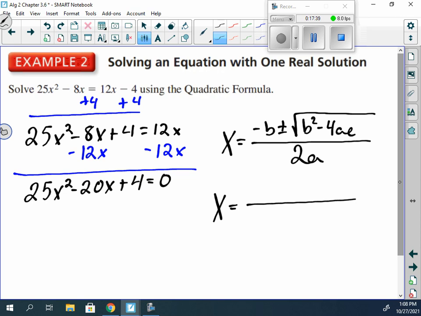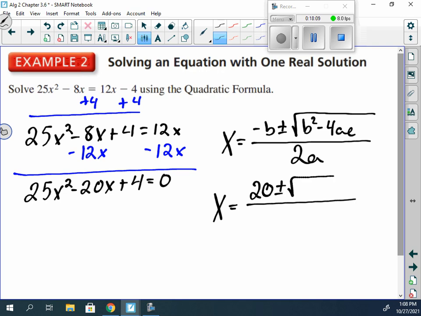And that first one is our negative b. Well, what is the value of b? Negative 20, yes? So if b is negative 20, negative b would be positive 20. We're just changing the sign from positive to negative, or negative to positive.